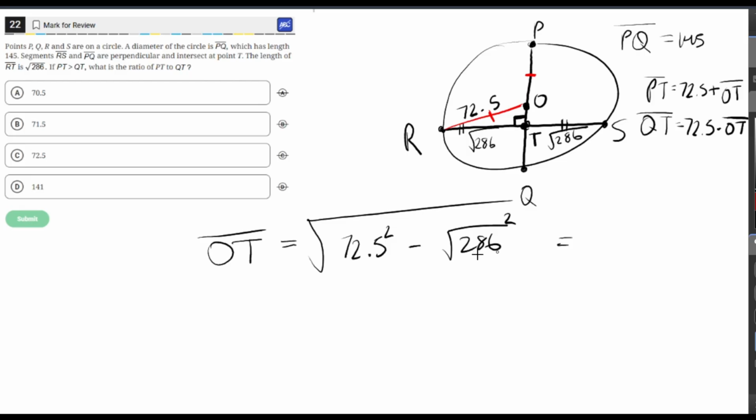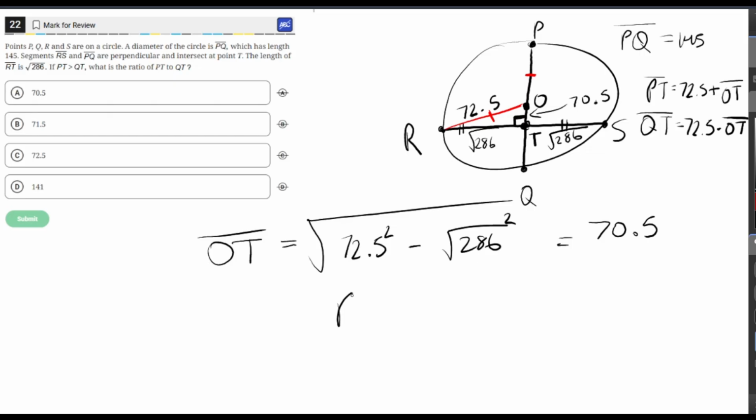We have to use a calculator. 72.5 squared minus 286. Root that, and you get 70.5. So we have OT, we can get PT, get QT, divide them, and we have a ratio.